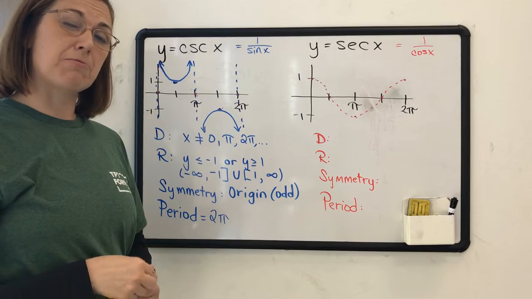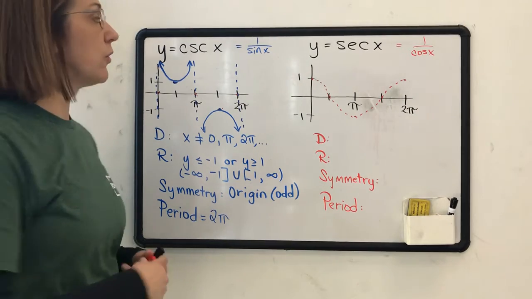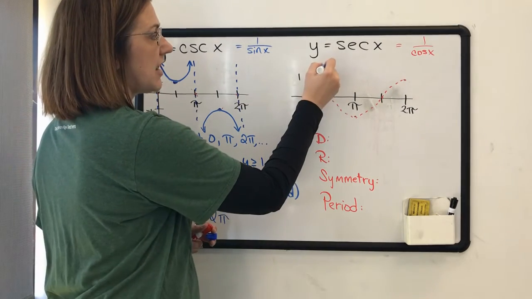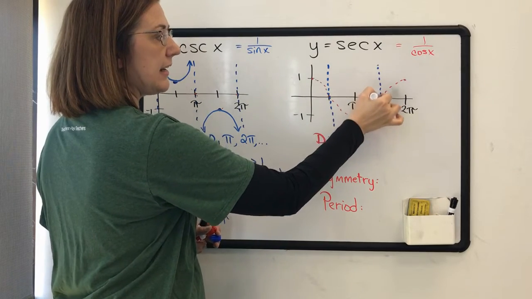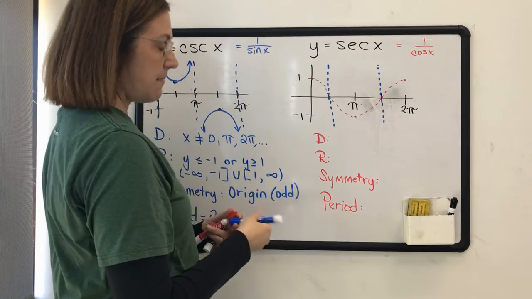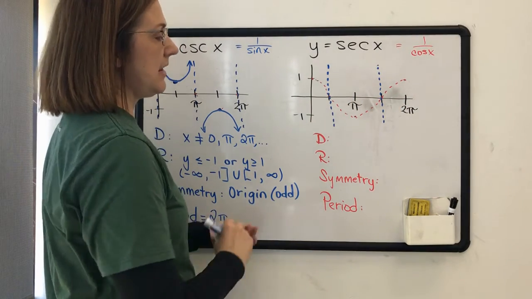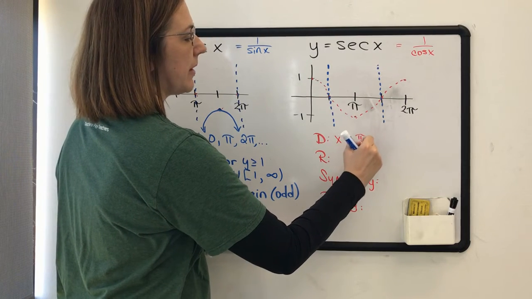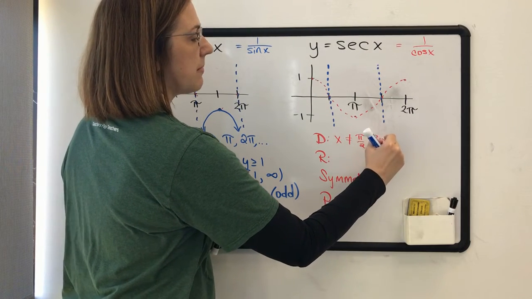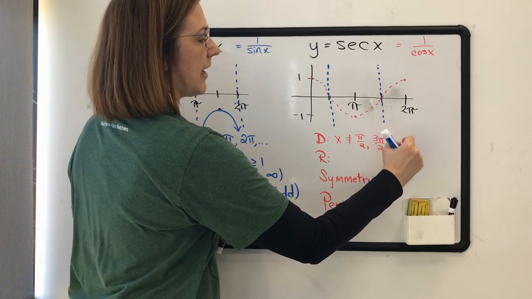And that shows up as a vertical asymptote there. So this time I have a vertical asymptote here and here. That means that x cannot be those odd multiples of pi over 2. So pi over 2, 3 pi over 2, and the pattern continues.